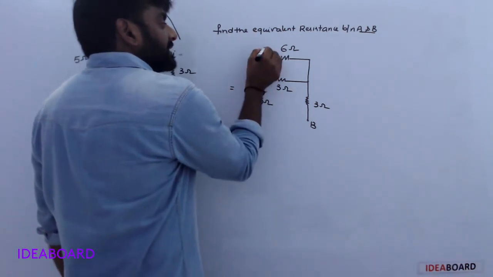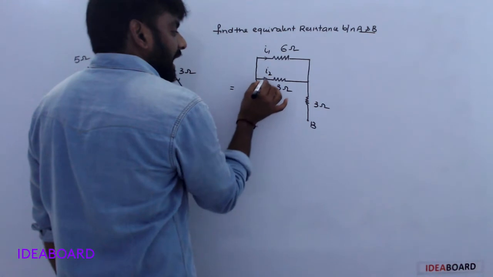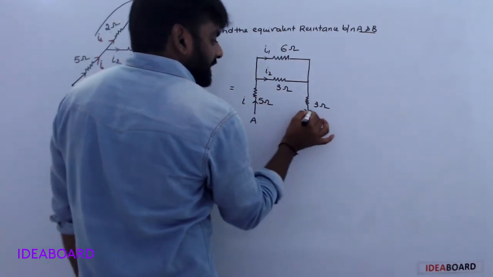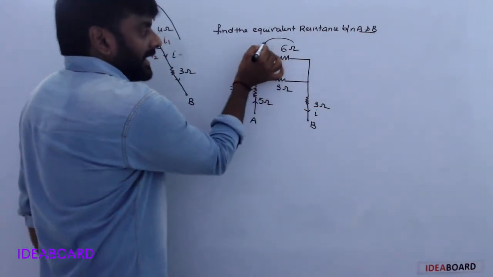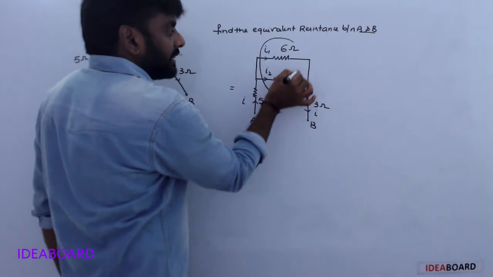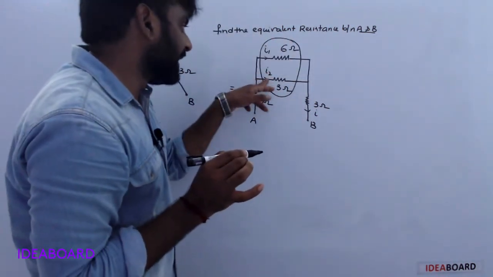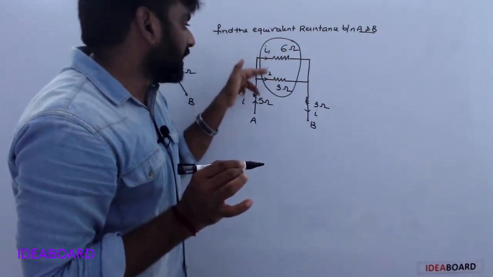Here passing current is I1. Here passing current is I2. Now here current is I. Now these two are in parallel or series? Parallel, because different current is passing, I1 and I2.